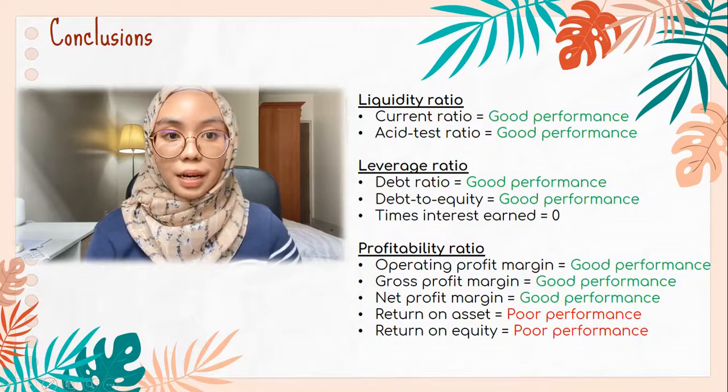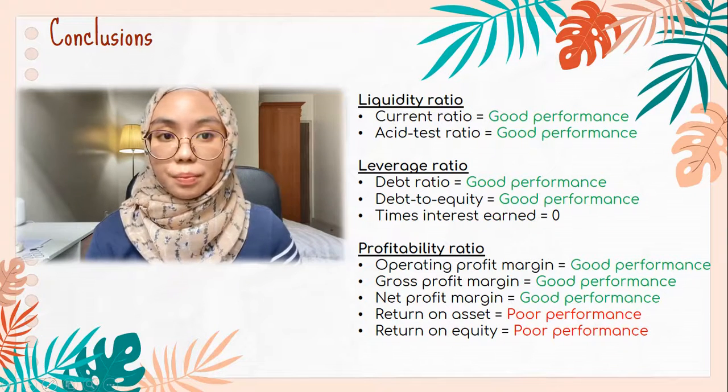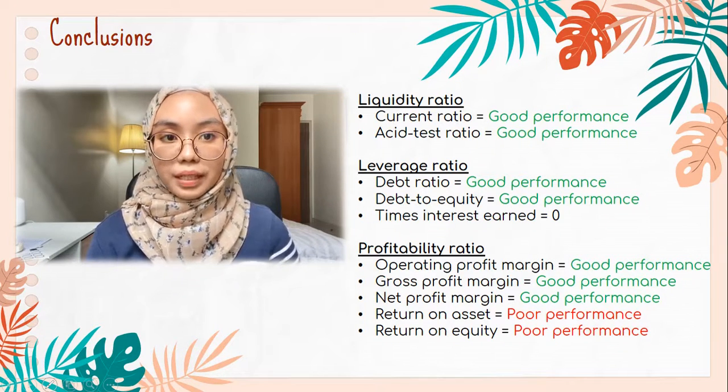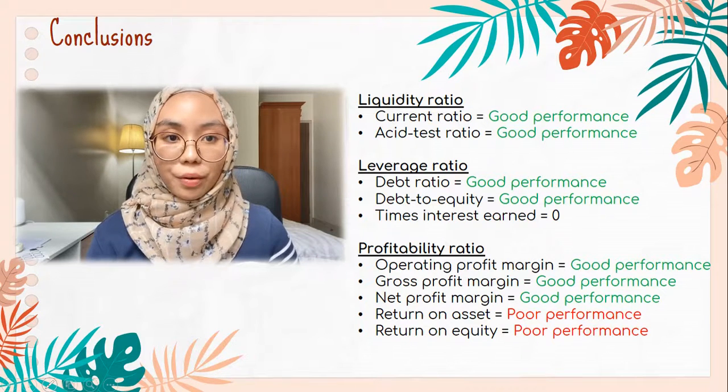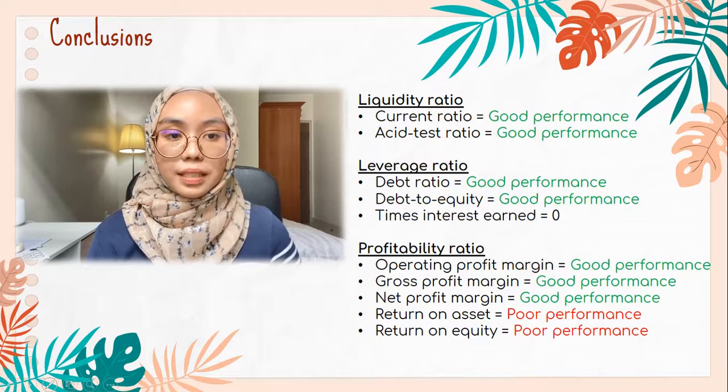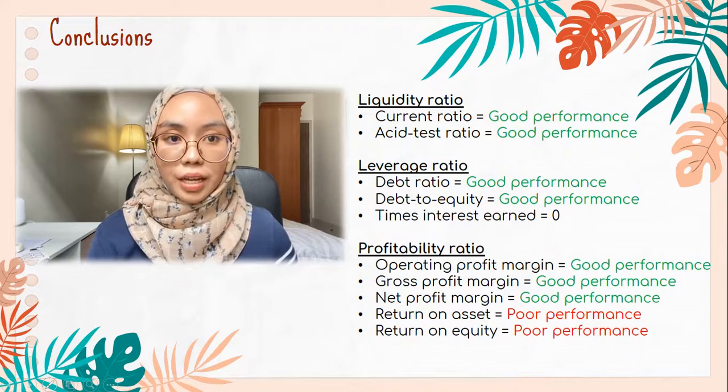incurred by the company. And last but not least, for the profitability ratios, the gross profit margin, operating profit margin and net profit margin show good performance, since all three of them are higher than the industry average.